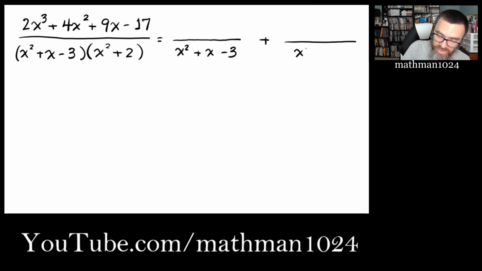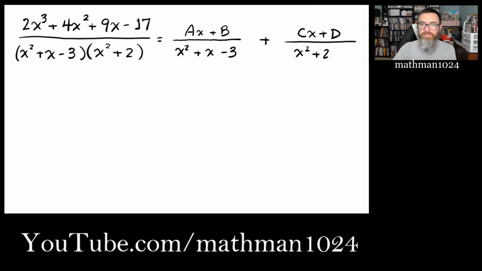The other one's over just x squared plus 2. However, because they are quadratic, what's in the numerator has to be part variable and part constant like this. So ax plus b. Now the other one, you can't still use a and b. You got to use something new. So we'll say cx plus d.